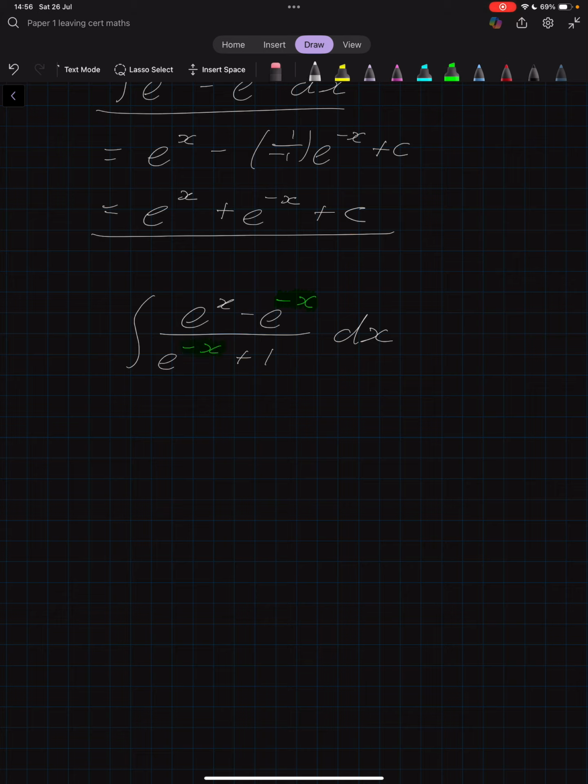So that's the very first thing I'm going to do: multiply the top and the bottom by e to the power of x. So I get the integral of e to the x squared minus 1 all over e to the x plus 1. Remember, e to the negative x multiplied by e to the x is like e to the x divided by e to the x, so it's just 1 and 1.